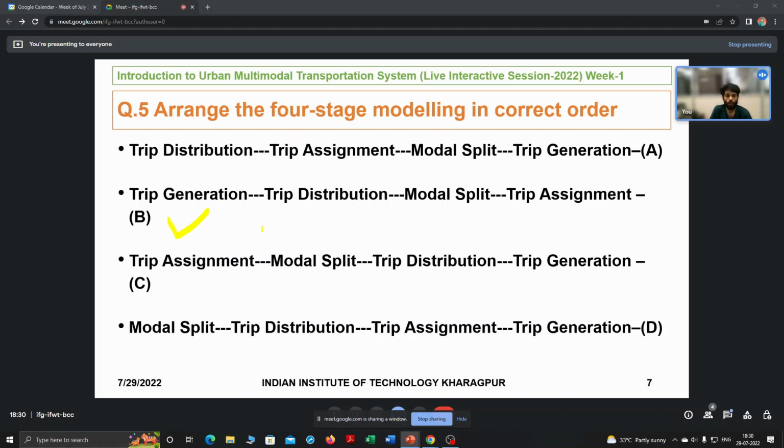So how is this utility calculated? It can be calculated by considering the generalized cost of travel. If the distance is less but the travel time is more, it will negatively impact that cost value, right? It will increase the cost.